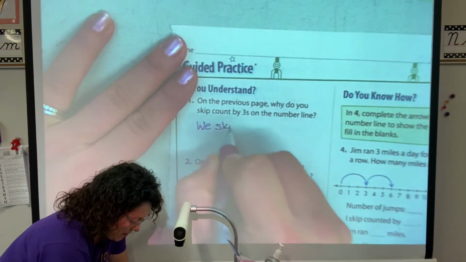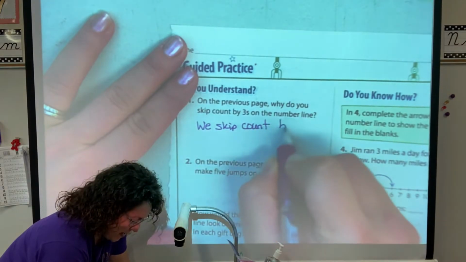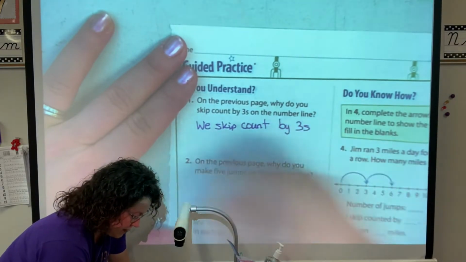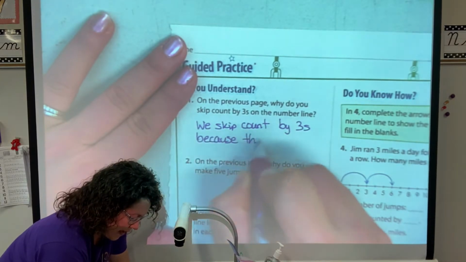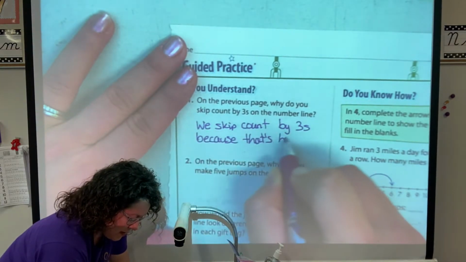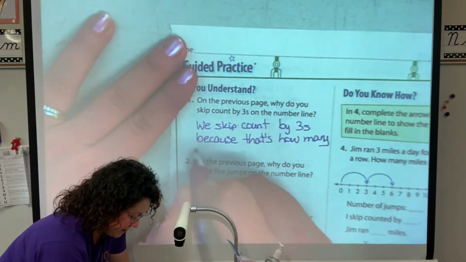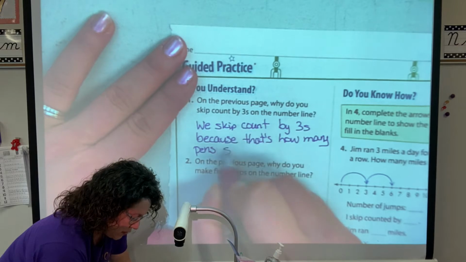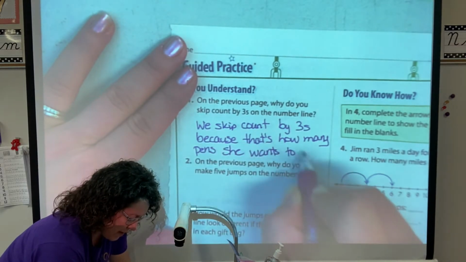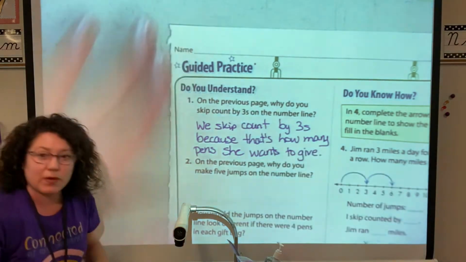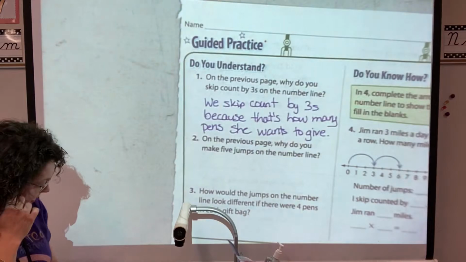We skip count by 3s because that's how many pens she wants to give. Okay? I know I write kind of fast, so I'll just wait a second.